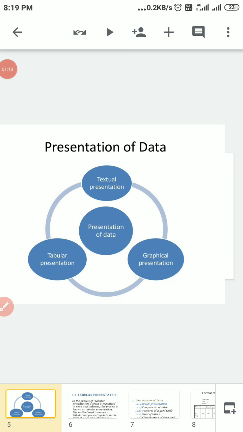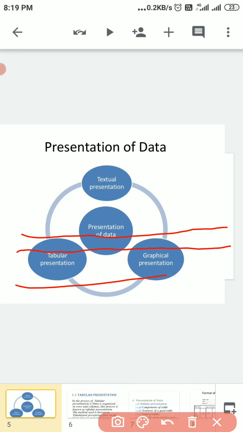So you can see the data may be presented in textual form, tabular presentation, graphic presentation.